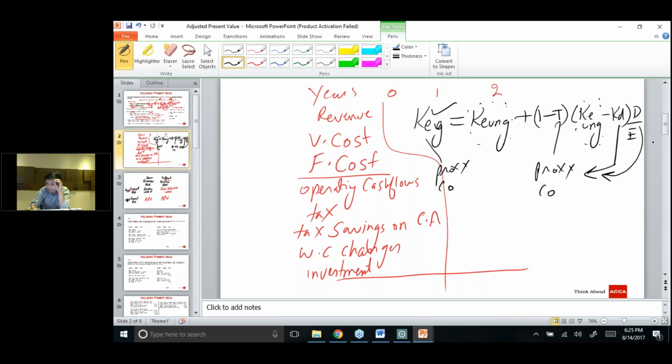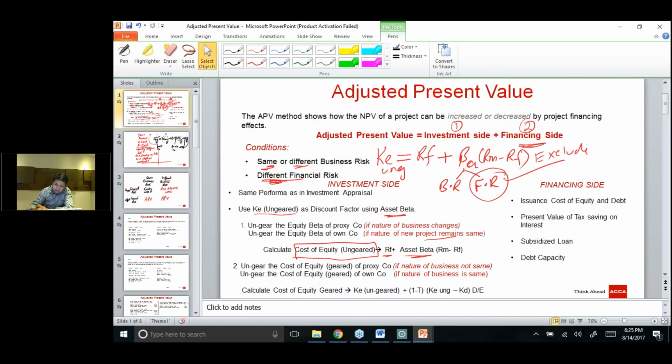So by putting the debt equity of proxy, KD of proxy, tax of proxy, and geared cost of equity of the proxy company, and just by rearranging the data in this equation, you are going to calculate the cost of equity of the ungeared company. So this equation will lead us to the answer of ungeared cost of equity.